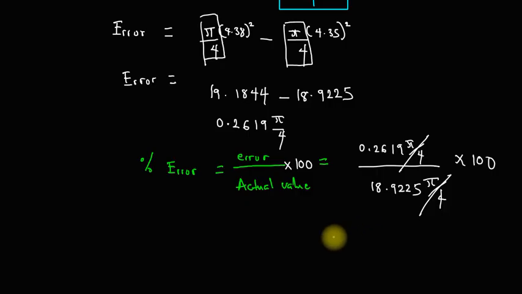So if we divide it now, 0.2619 divided by 18.9225 times 100, we're going to get a percentage error of 1.384%.